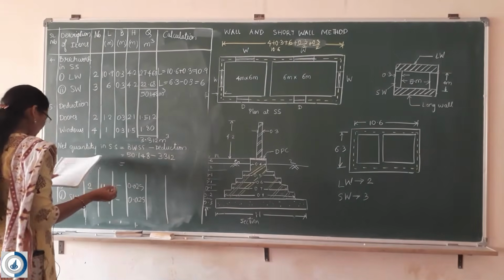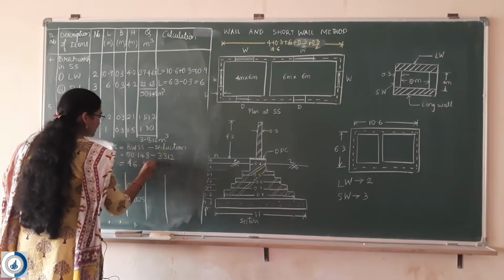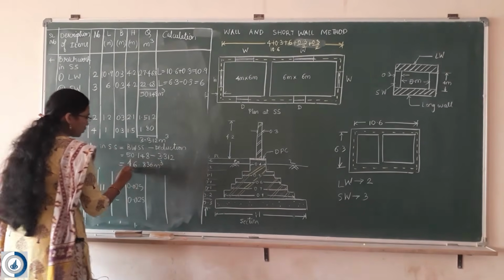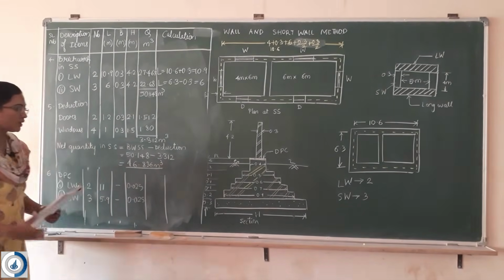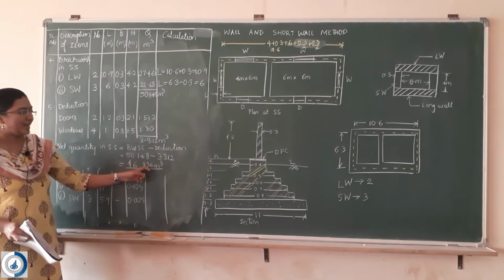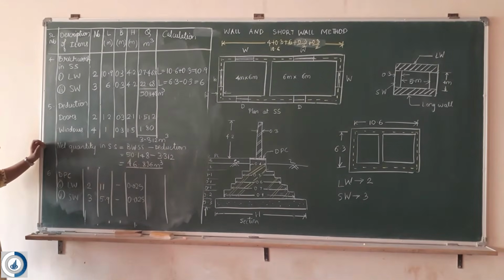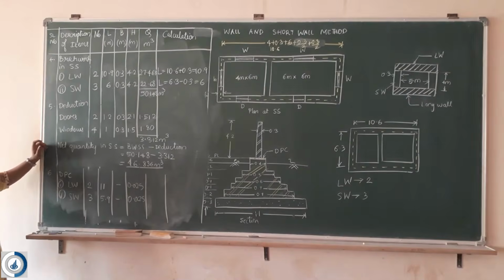So that will be 46.836 meter cube. So the net quantity of brickwork required in the superstructure is 46.836 meter cube.